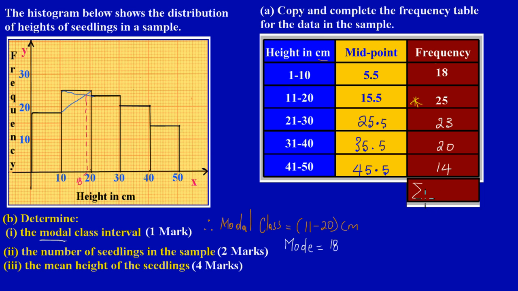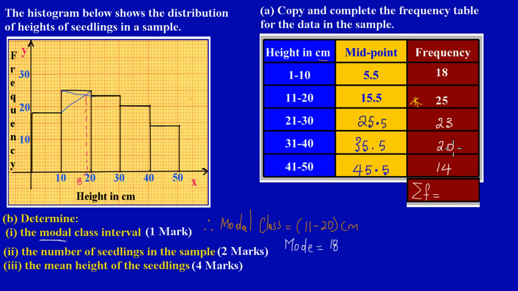In math, when you're taking the sum of numbers, you can use this fancy notation, and the name of it is sigma. So really, I'm taking the sum of my frequency, meaning that I'm adding up my frequency. So I'm taking the sum of f.